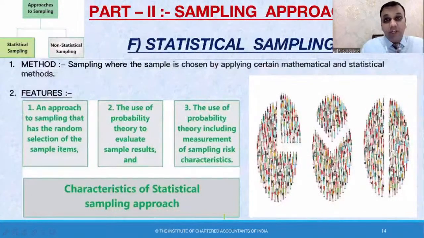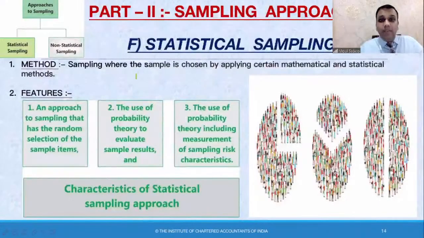In a statistical manner or a non-statistical manner? So first we have statistical sampling. What does it mean? Statistical, as the name suggests, using some mathematical or statistical methods, probabilities, random number tables, or you might have done Monte Carlo simulation, something like that, where you use some mathematical base, some mathematical logic.